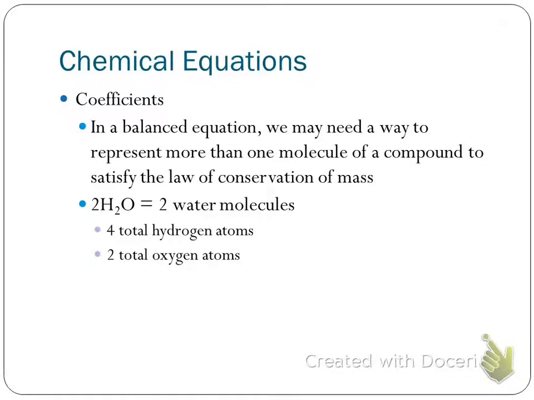Okay, 4 total hydrogen atoms and 2 total oxygen atoms, or 4 moles of hydrogen and 2 moles of oxygen. That's how you solve number of atoms here. So you distribute that throughout. 2 hydrogens per water molecule times 2 molecules gives us 4, and then 2 oxygen.